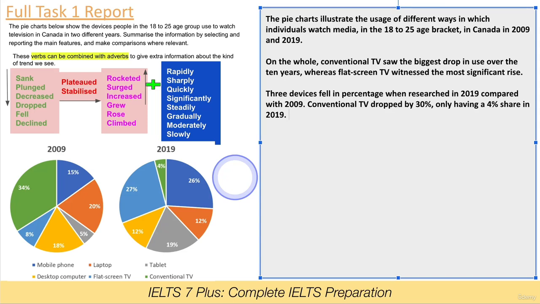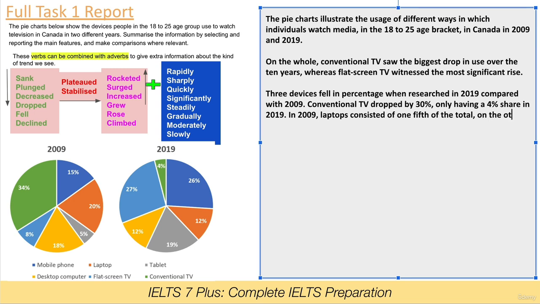That saw a drop as well. In 2009, laptops consisted of 1/5, 20%. So we're saying it in different ways. 1/5 of the total.